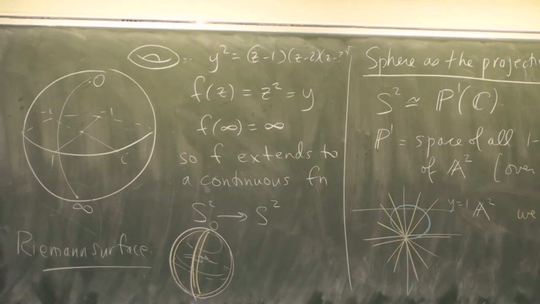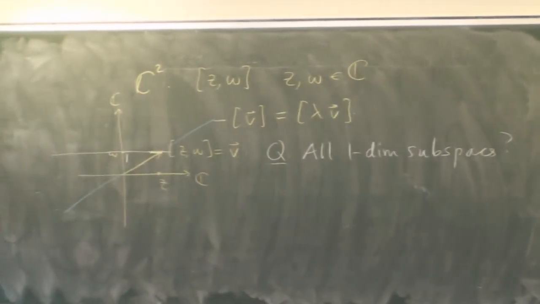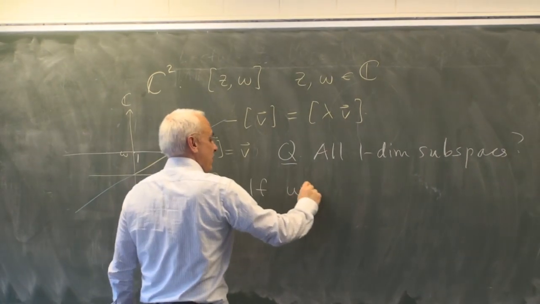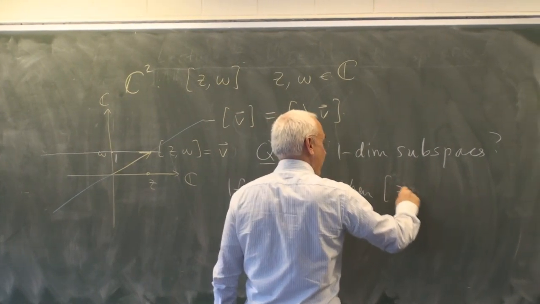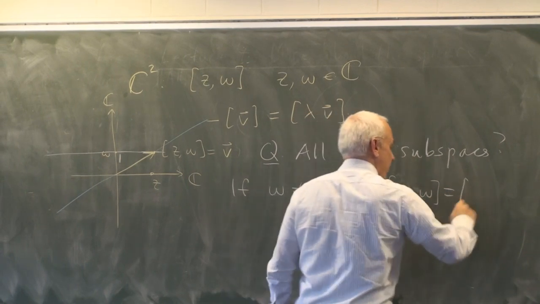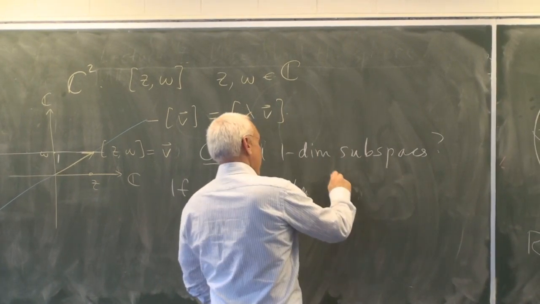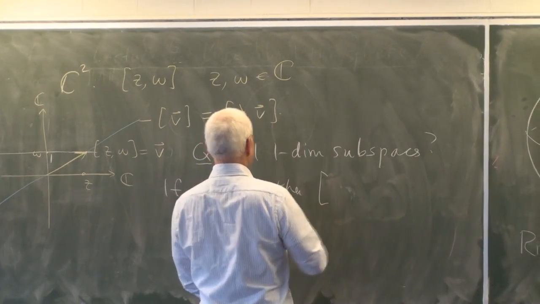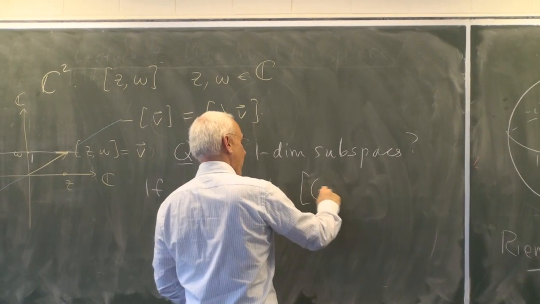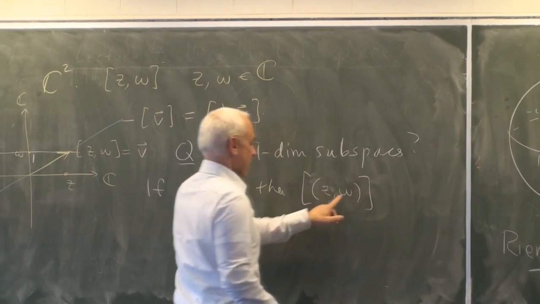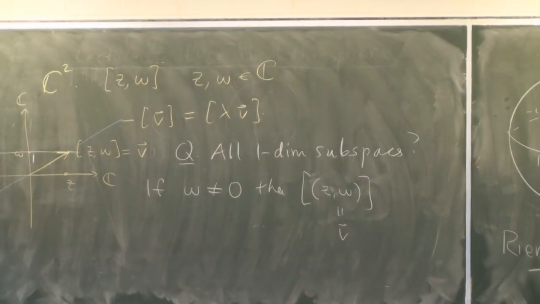So over here, we could think about, say, the line where w equals 1. If w does not equal 0, then the line through (z, w) equals the line through, well, I'm using brackets in different ways. Maybe I'll use pointed brackets for the vectors, and round brackets for the line of that vector.